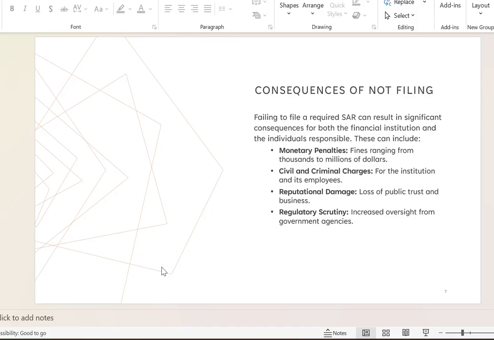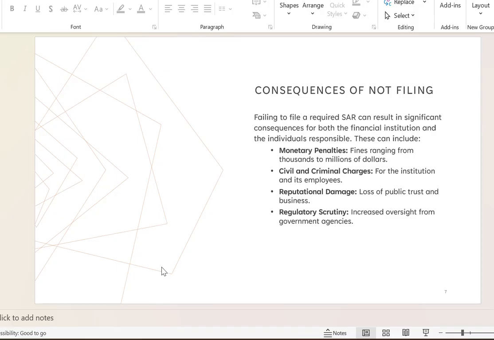Then that financial institution's reputation will get damaged, with loss of public trust and business. The news will spread over the whole market, and a bad impression of that financial institution will spread.